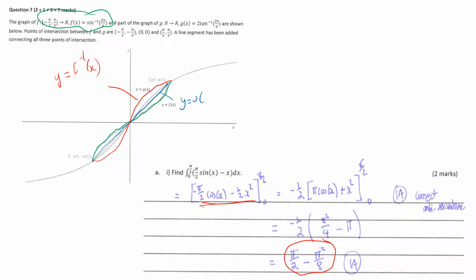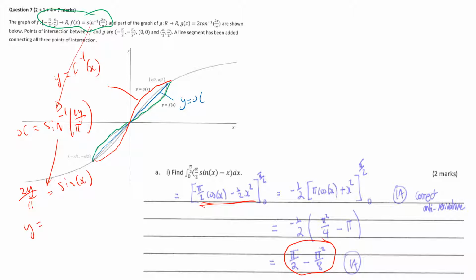What would be the rule for y equals inverse f? Let's have a think about it. What we're doing is swapping our x's and y's. So x is equal to inverse sine of 2y on pi. Let's transpose to make y the subject. 2y on pi will be equal to sine x.